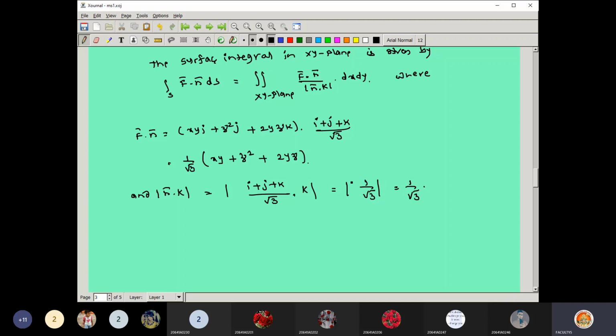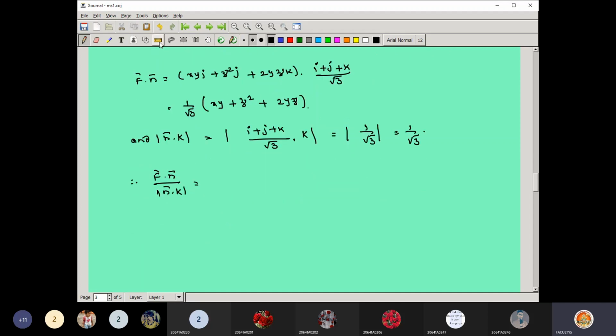Now you calculate the complete expression f bar dot n bar divided by modulus of n bar dot k. f bar dot n bar we have already calculated: 1 by root 3 times (xy plus z square plus 2yz), divided by 1 by root 3.